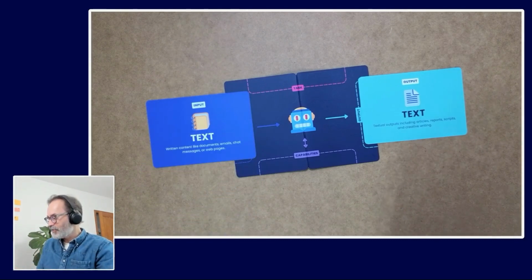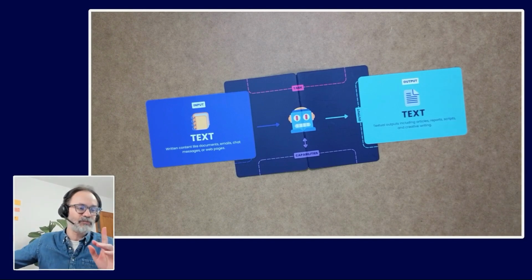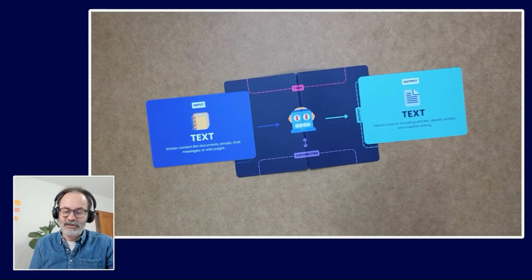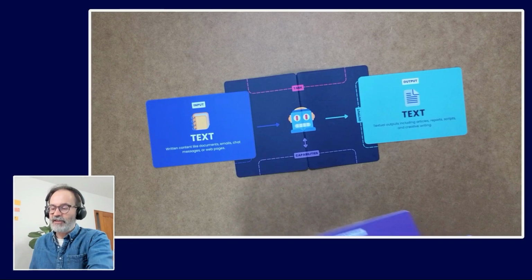Now, one of the important things that most people don't get is that on top of the natural behavior of an LLM, a modern chatbot assistant, they have external capabilities. And this is this here.